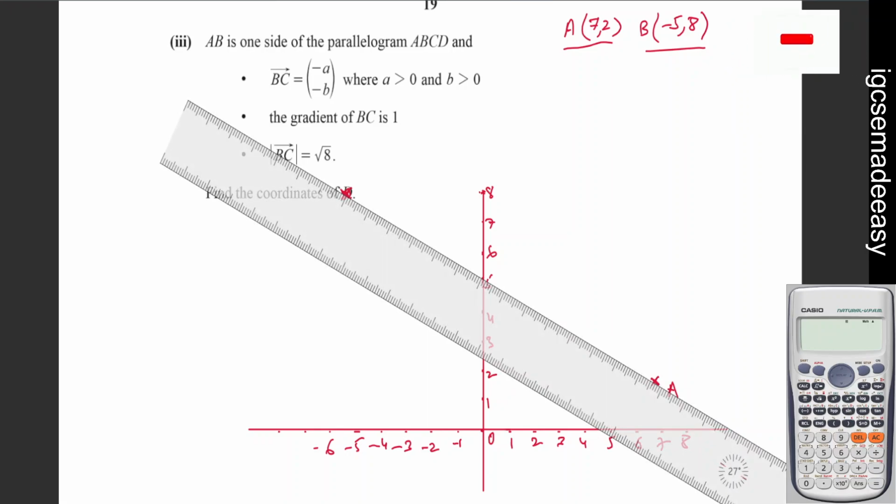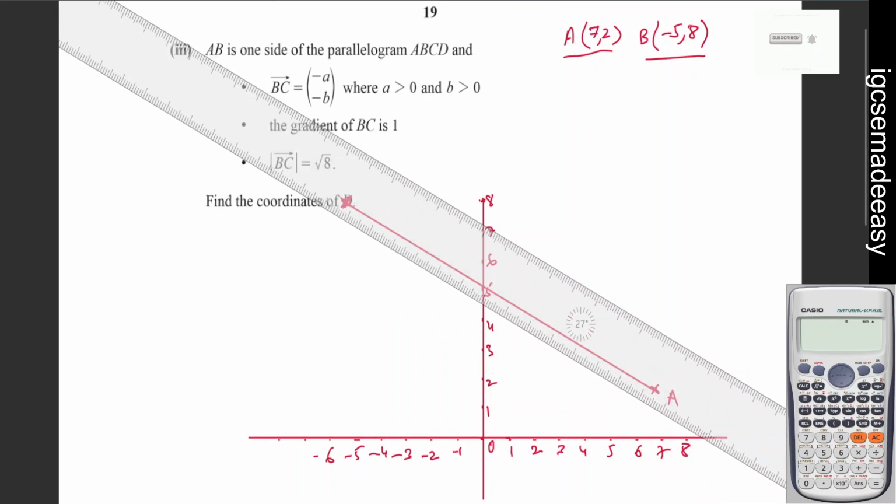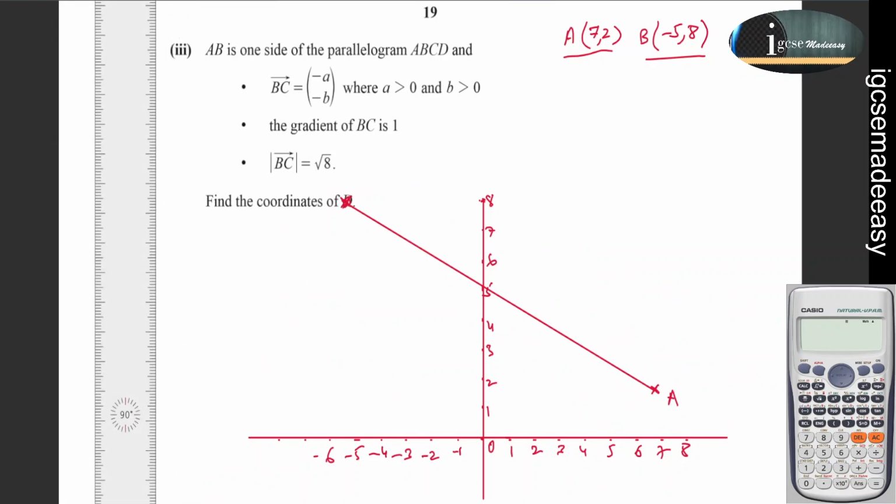We have said that ABCD is a parallelogram, correct? So what we can do is, this is point B, and we also have BC vector equal to root of 8, and the column vector of BC equals what? The column vector of BC is equal to minus a and minus b.